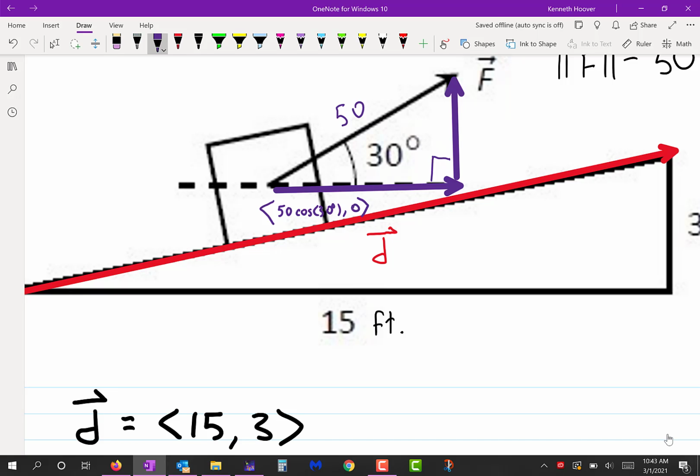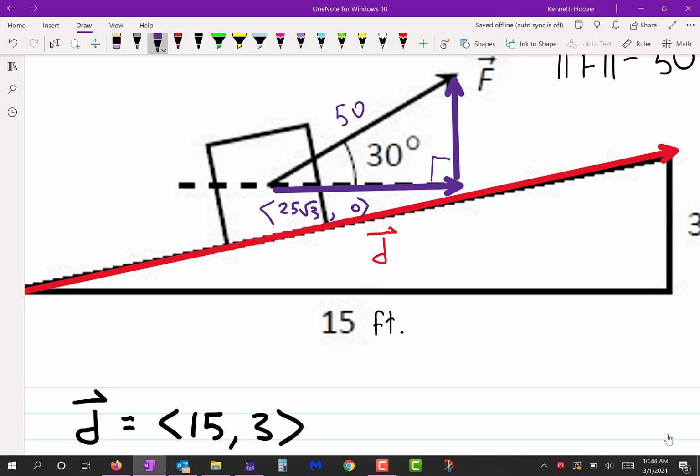It's root 3 over 2, of course. Oh, I'm sorry, did I say 3 root 2? I take that back. I meant to say root 3 over 2. So when I multiply 50 times the cosine of 30 degrees, I get 50 times root 3 over 2. And so what's that going to give me? It's going to give me 25 root 3. Okay, and then we have comma 0.